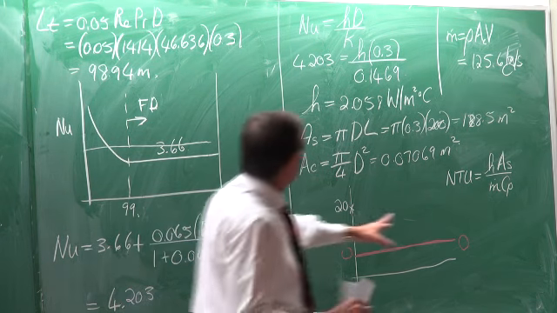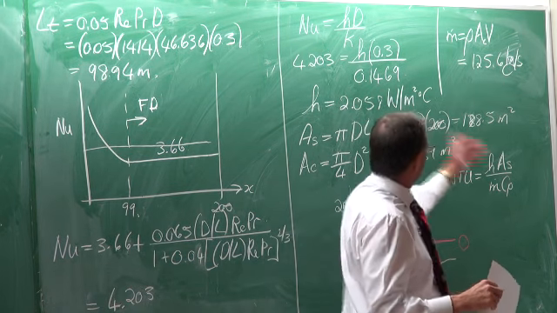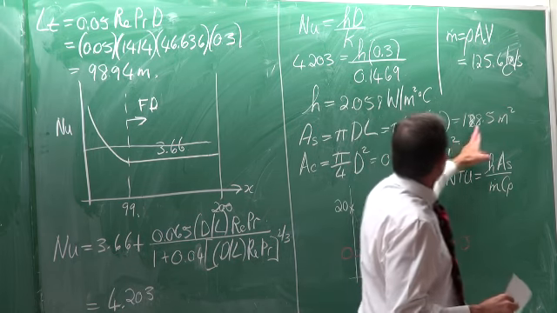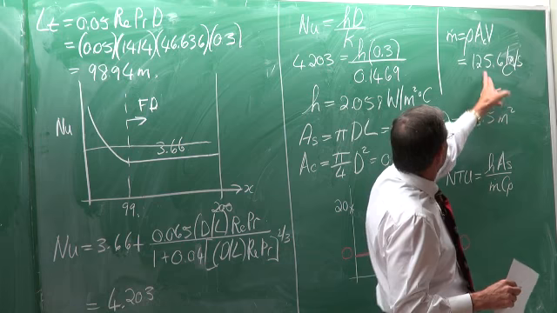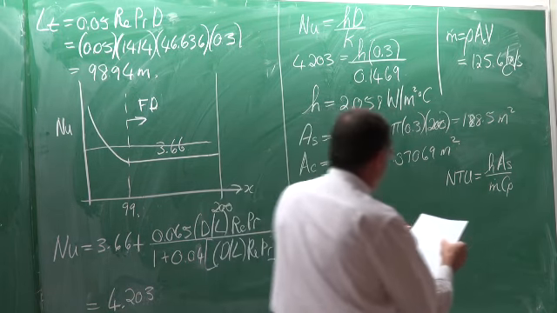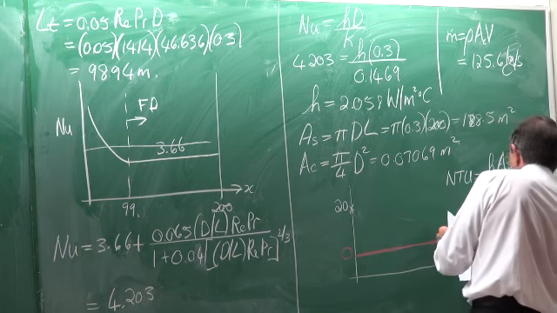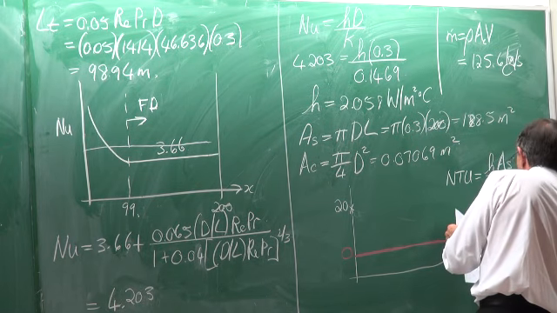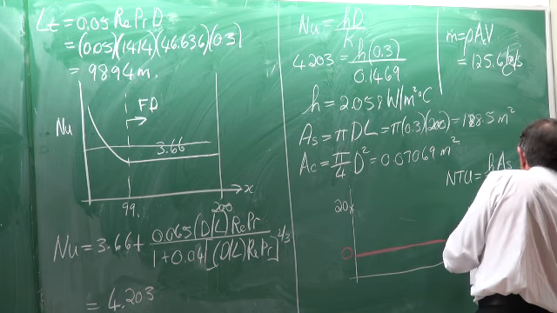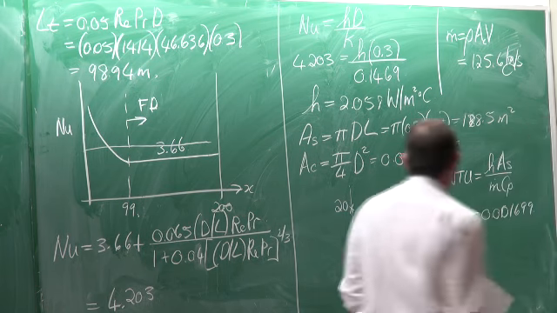Right, so the NTU, number of transfer units, is the heat transfer coefficient, 2.05, the surface area, there it is, 188.5, the mass flow rate, 125.6, and the CP, which was on the board. If you put in all the values, you get an NTU value of very, very low, 0.001699.